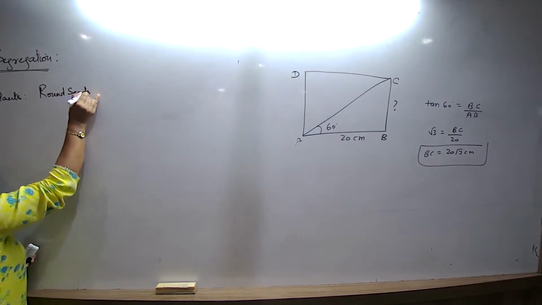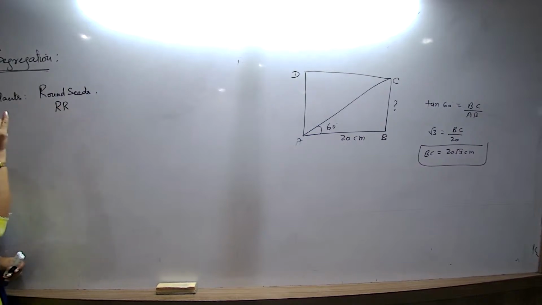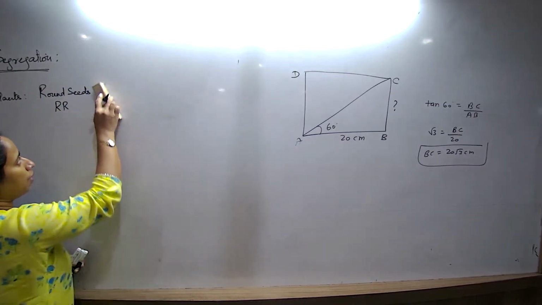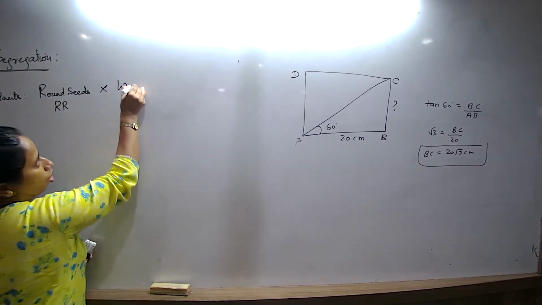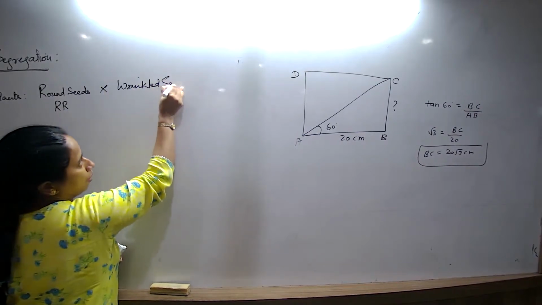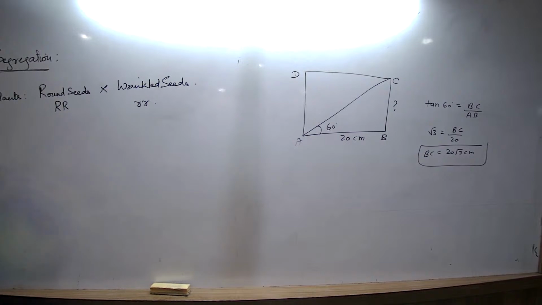How will you write down the genotype? Capital R, capital R. And cross with what type of plants? Wrinkled seeds. What will be the phenotype? Wrinkled. Now keep going.